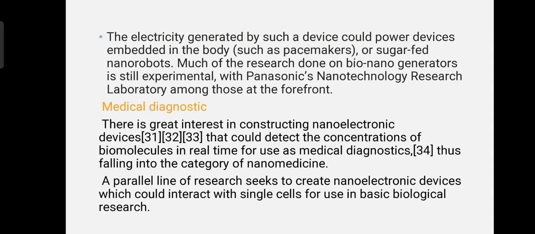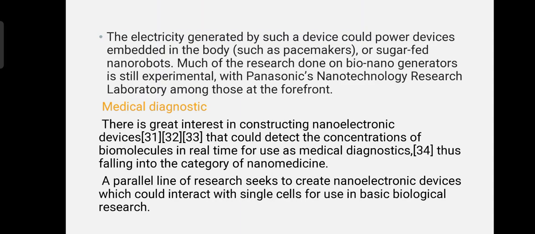Much of the research done on bio-nano generators is still experimental, with Panasonic's Nanotechnology Research Laboratory among those at the forefront. Medical diagnostics: there is great interest in constructing nanoelectronic devices that could detect the concentrations of biomolecules in real time for use as medical diagnostics, thus falling into the category of nanomedicine.